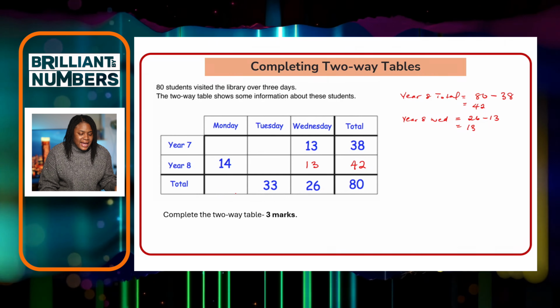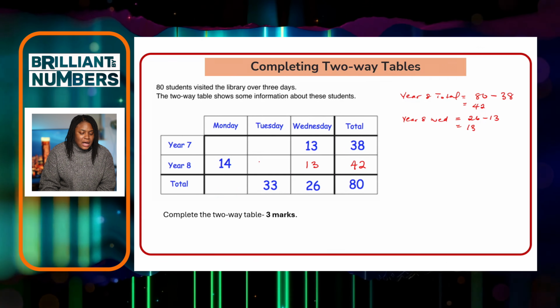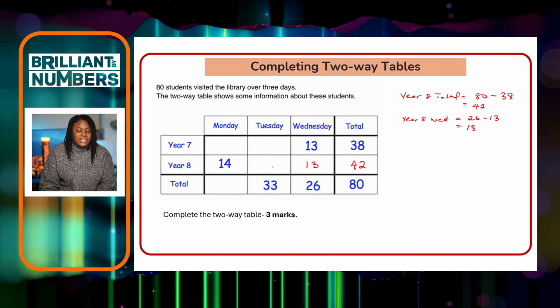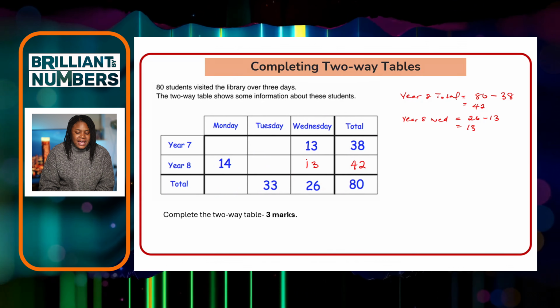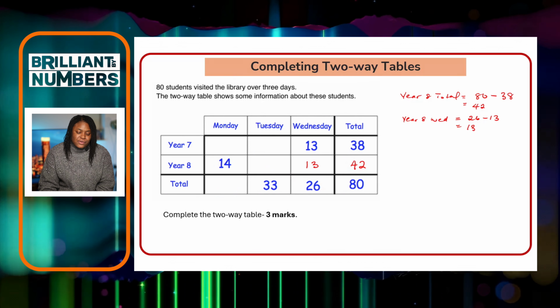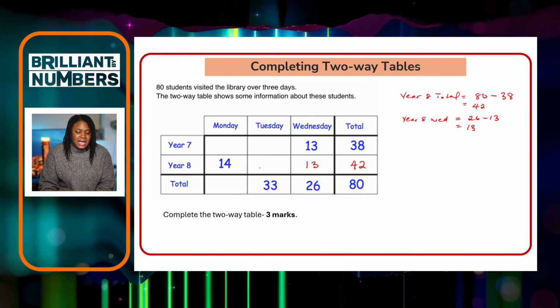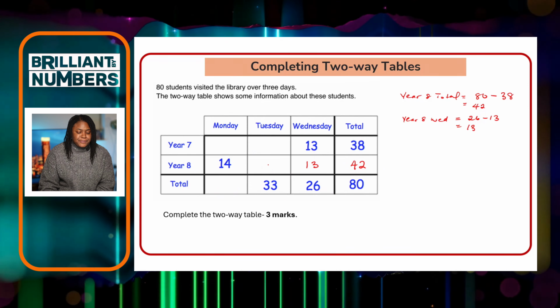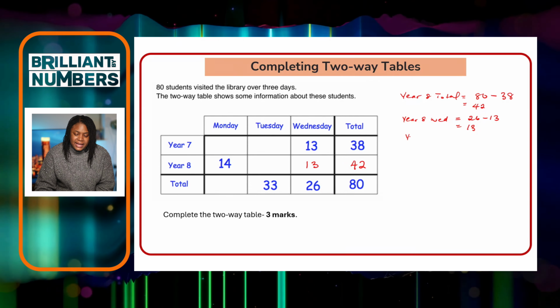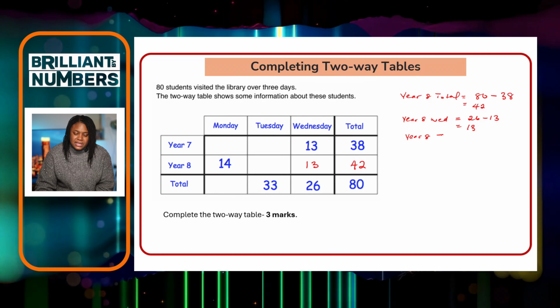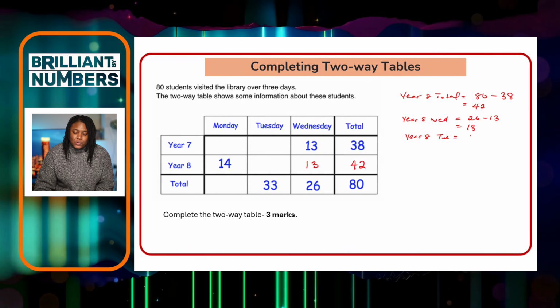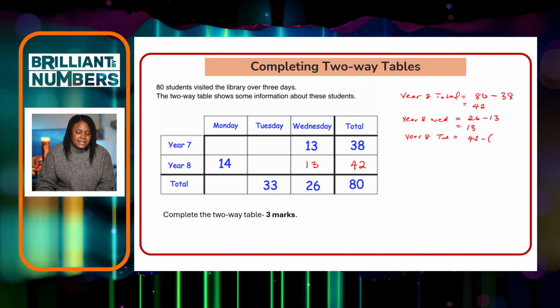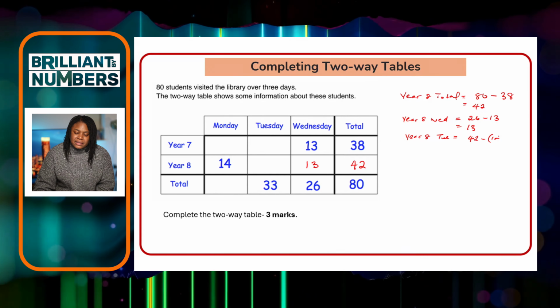I can also go ahead and now find Tuesday for the year 8s. I can see here that I know the total for year 8s and only Tuesday is missing. So year 8 Tuesday is equal to 42, which is my total, take away 14, add 13.